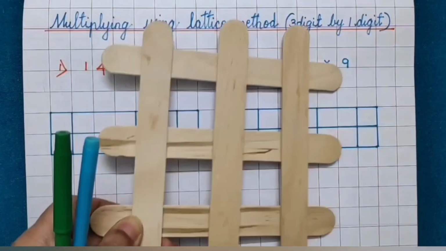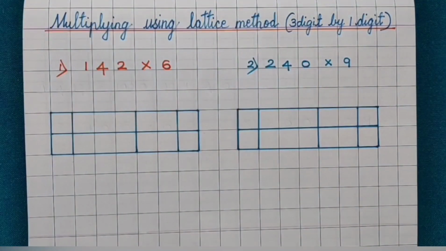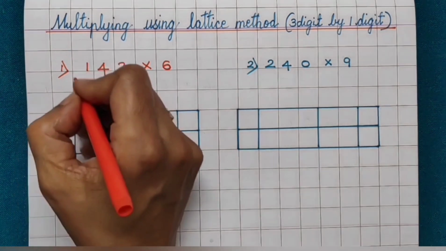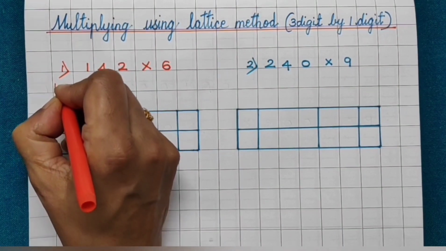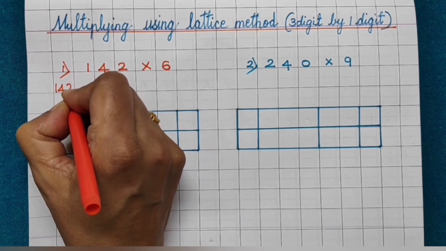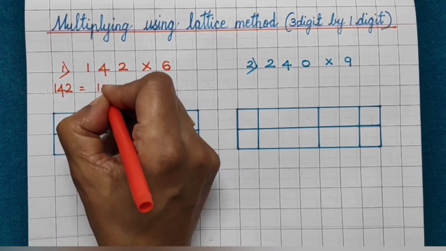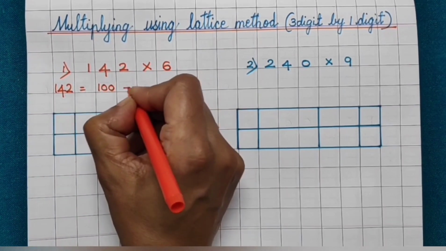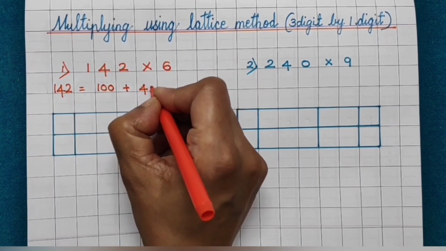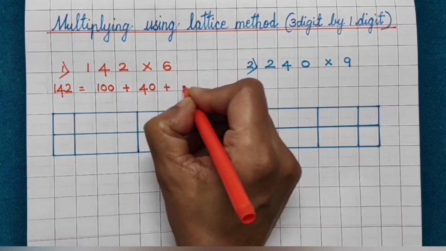You know what is a lattice, right? This is a lattice. 3-digit numbers by 1-digit number. The number we have here is 142 multiplied by 6. Now when I expand 142, we write it as 100 plus 40 plus 2.